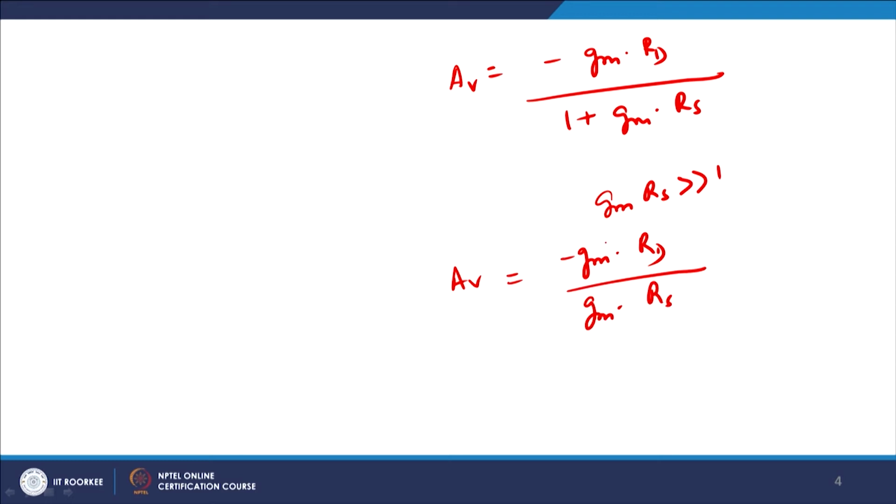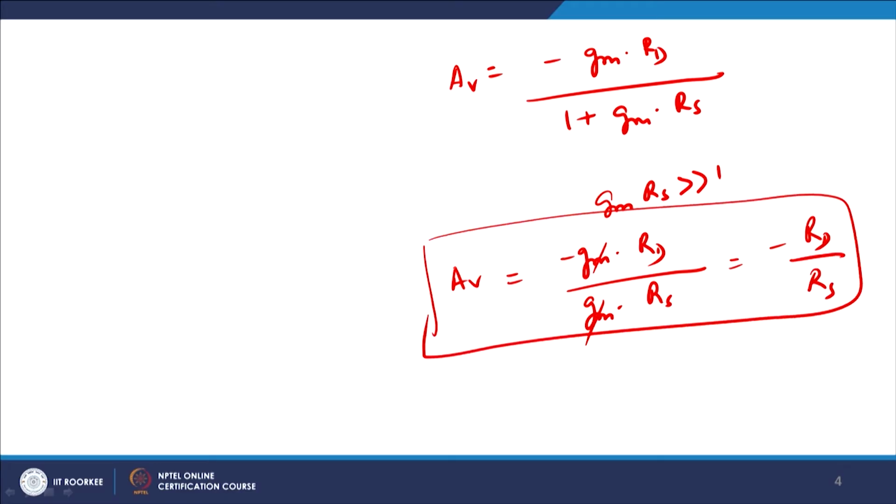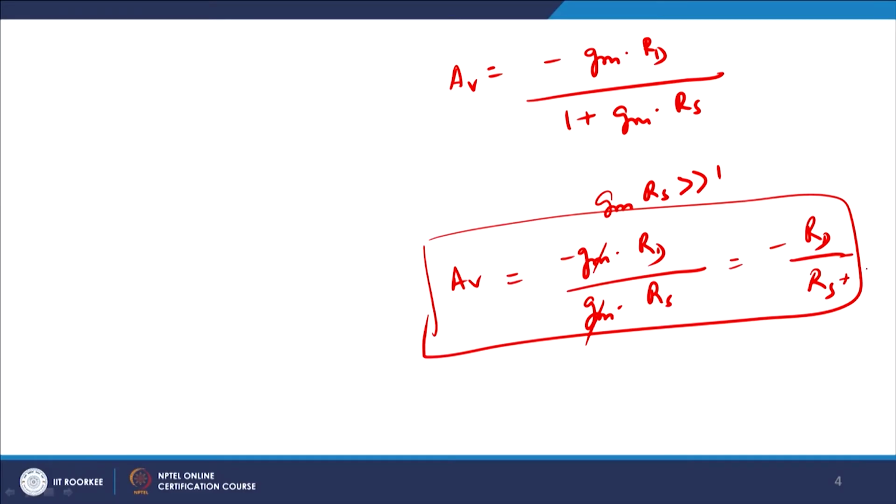So, this Gm cancels out and you are left with minus RD by Rs equals the gain, which means that if you want to find the gain just by inspection, look at the drain resistance and the source resistance. But there is an issue here: in the source resistance, the extra term 1 by Gm will also come into the picture, because when you see from the source side, that is the extra term.